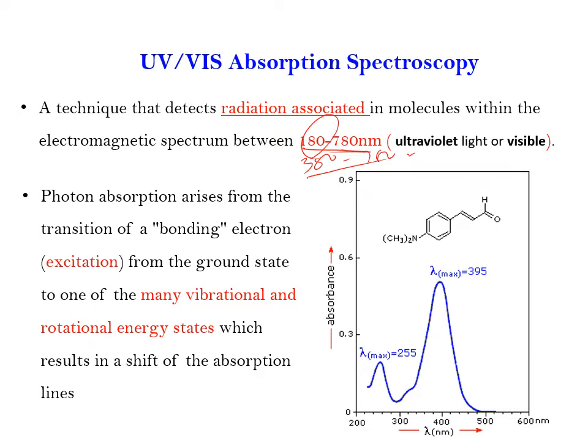So like we said, the absorption spectra can be plotted as absorbance with respect to wavelengths. So if you see a maximum absorbance at some specific wavelength, let's say 395 nanometers, with this absorption there is a specific molecule, because we have said that every molecule has its own absorption spectra.